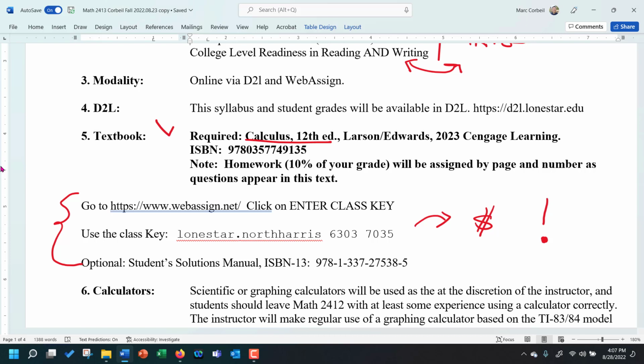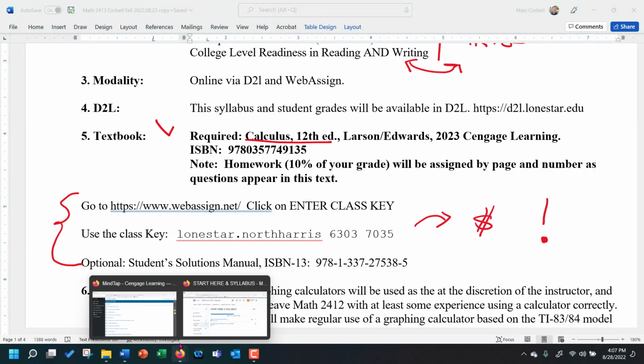You do have an option to go through the bookstore. That's very lengthy, and it's going to create a long delay for you to access your material and get into the class. So it's not recommended. You need to get in here right away. We have assignments that are due almost in the first couple of days.